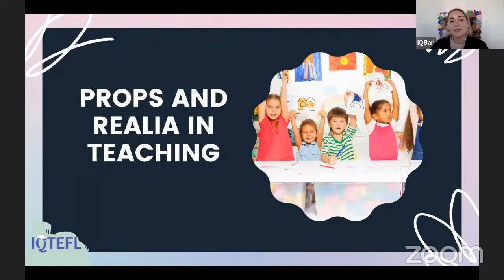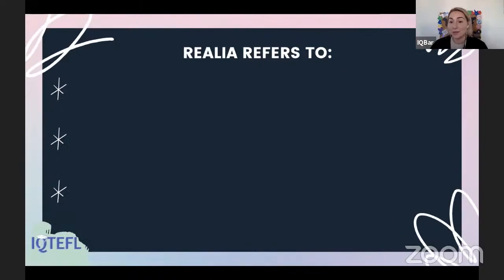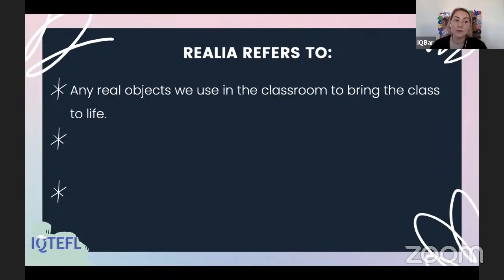So we're going to just take a look at props and realia in teaching and what they are. So realia refers to any real objects we use in the classroom to bring the lesson to life. So anything that we have at home, and we use that in our lesson to convey meaning, to help our students get a bit more comprehension about what we're talking about.